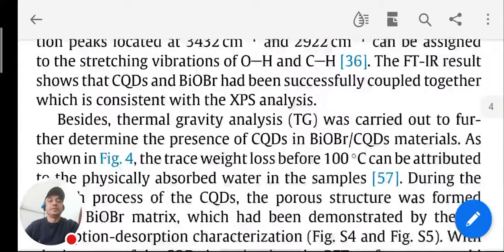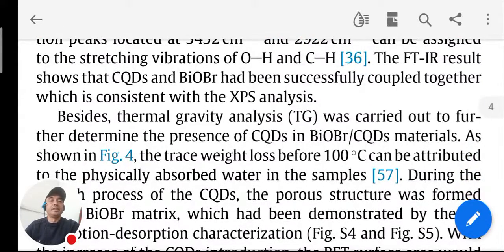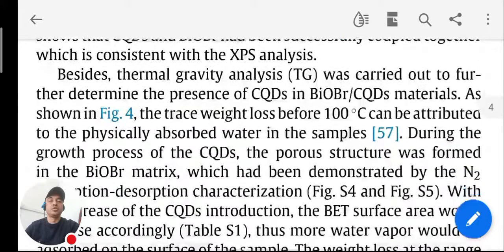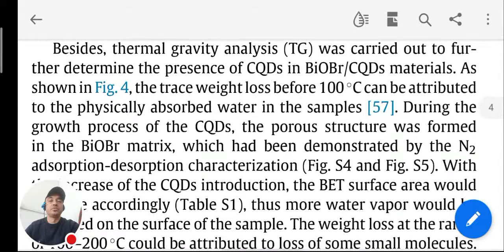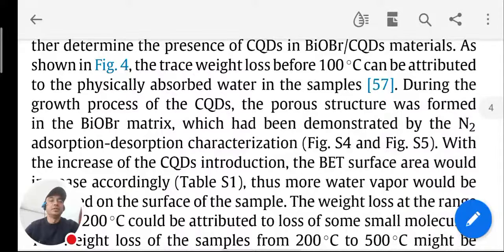analysis. Besides, thermogravimetric analysis was carried out to further determine the presence of carbon quantum dots in the BiOBr carbon quantum dot material as shown, and the trace weight loss below 100 degrees centigrade can be attributed to the physical adsorption of water in the sample.